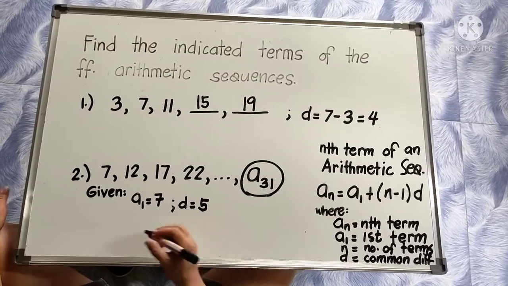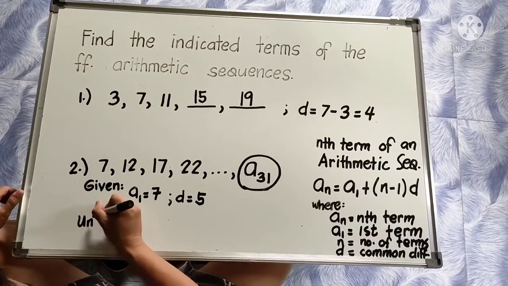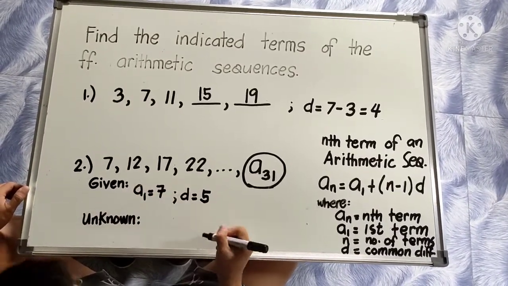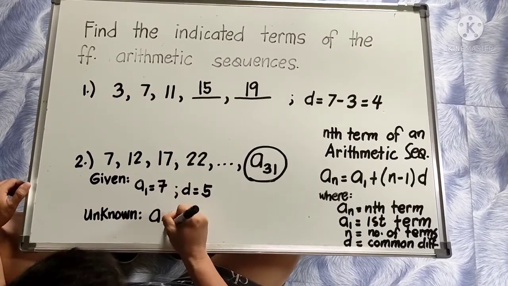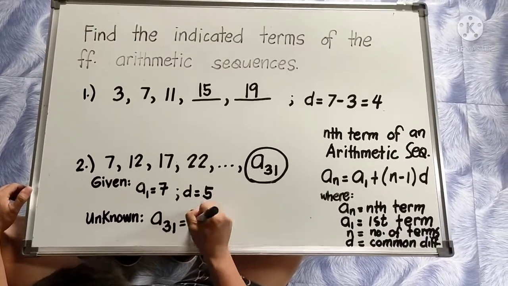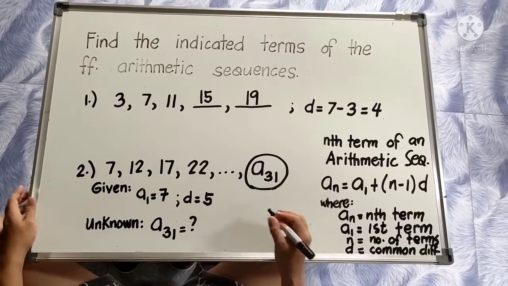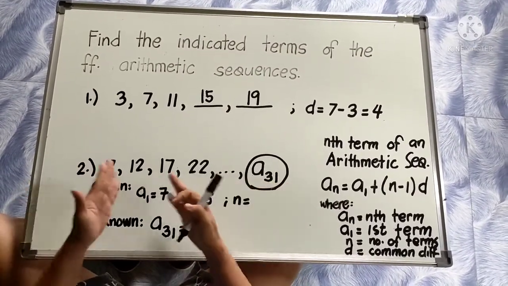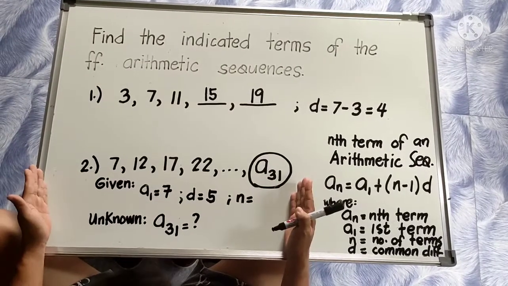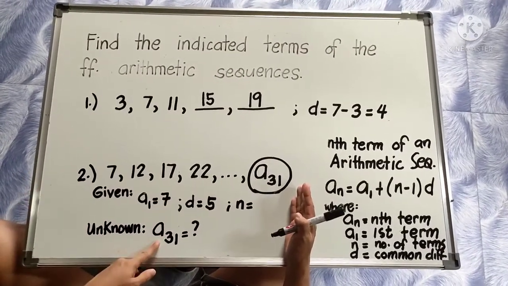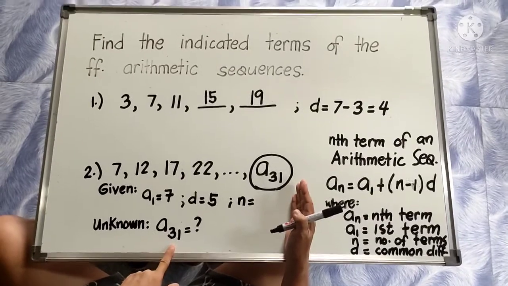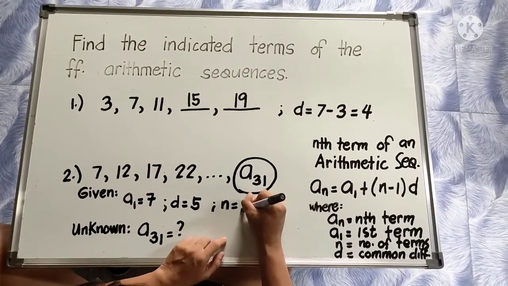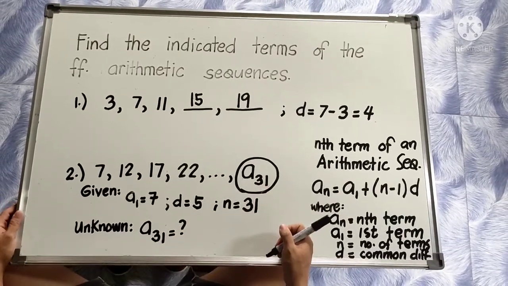What is our unknown? You write down the unknown. Our unknown is a sub 31. Therefore, how many terms are there in the sequence? How many terms are there when we will be solving for a sub 31 as the nth term? So our n is 31. So there are 31 terms in the sequence.